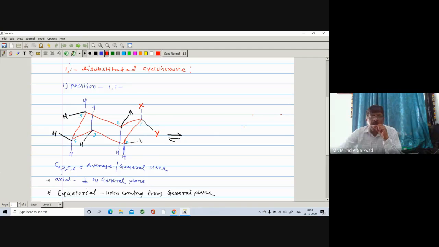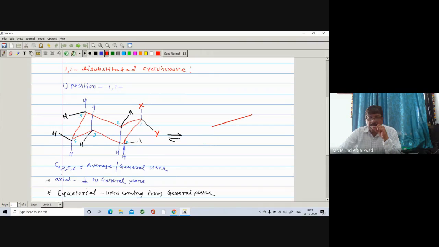Now I have to draw a line. So this is your 5 6, right? Now I will draw near to this one, elongated downward. So here it is elongated downward, one bond.